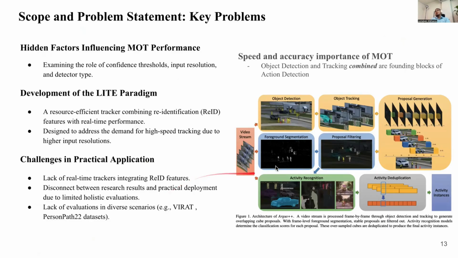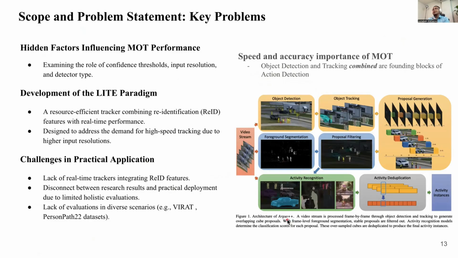And let's talk about this picture, action detection. In this picture, what is important is this is from the work Argus++. It's a real-time, they try to be real-time object tracking. Oh, sorry. They try to do action detection for surveillance scenarios.